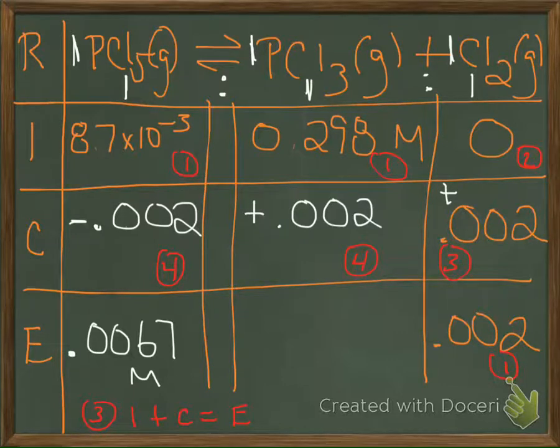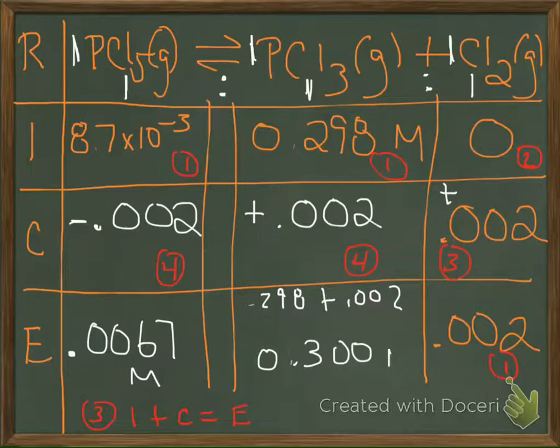And similarly, if we do the same thing for the PCl3, 0.298 plus 0.002, that's an easy one, 0.300 molar. And that is your step 5 here.